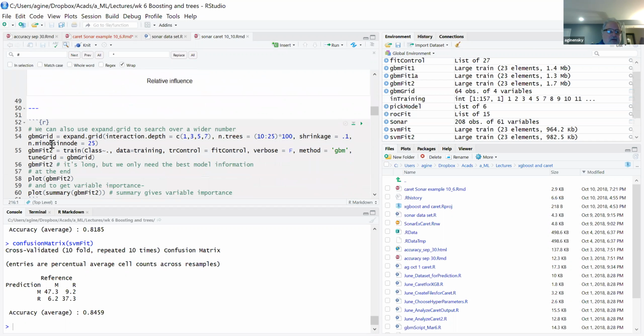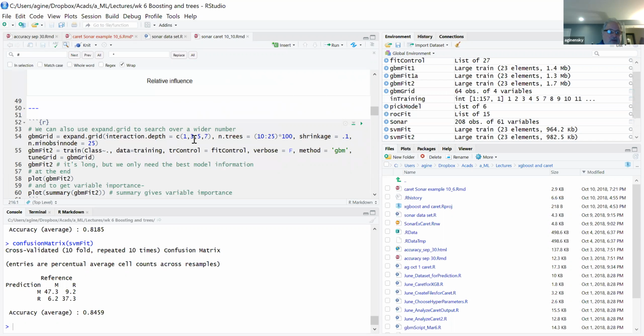Okay, so you can create a grid of things. expand.grid is the name of the function. And then you just tell it the various variables you want to use and what range you want to do them. So in this case, I said, I usually get tree depth. Remember now we're looking at gradient boosting, so you're using trees.